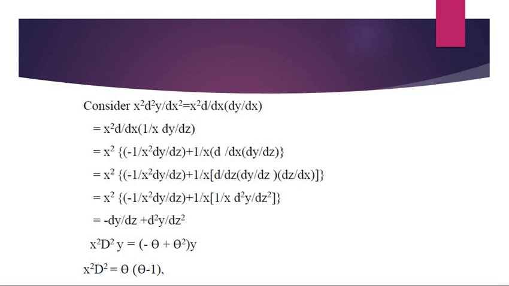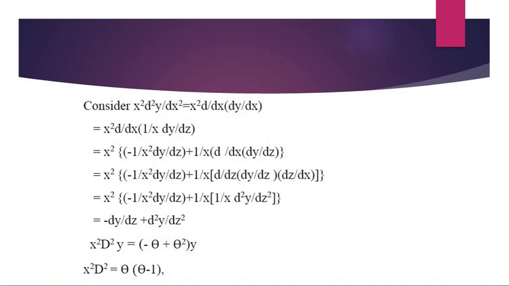That is x squared times minus 1 by x squared into dy by dz plus 1 by x. Then you can replace dz by dx here as 1 by x, and d by dz of dy by dz is d squared y by dz squared. Now taking 1 by x squared out and cancelling, finally we are left with minus dy by dz plus d squared y by dz squared.